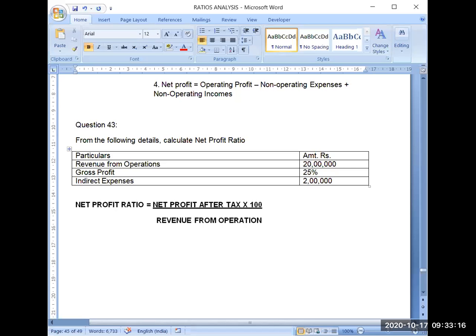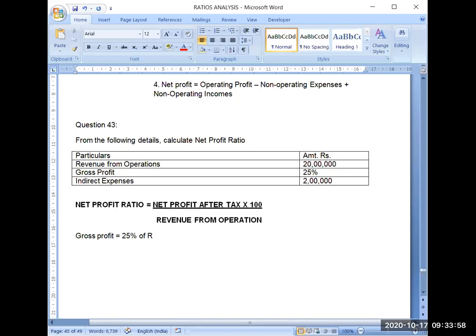You can see that gross profit is given simply 25%. It is not mentioned whether it is on revenue from operation or cost of revenue from operation, so obviously it will be assumed on revenue from operation. So we can calculate gross profit. Gross profit is equal to 25% of revenue from operation.